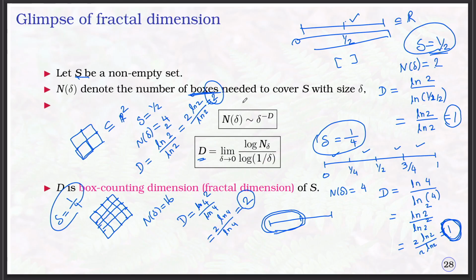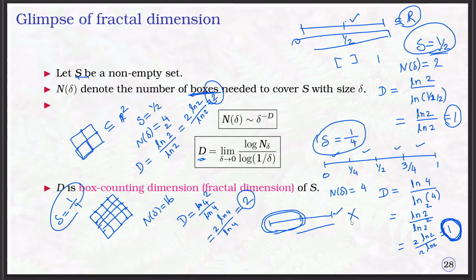As per this definition, if you are seeing this line, it possesses the self similar property, whereas its fractal dimension is 1. Obviously, this is embedded in R. By using this terminology, the real number system has the box counting dimension as 1. So, we cannot say this object is a fractal object.